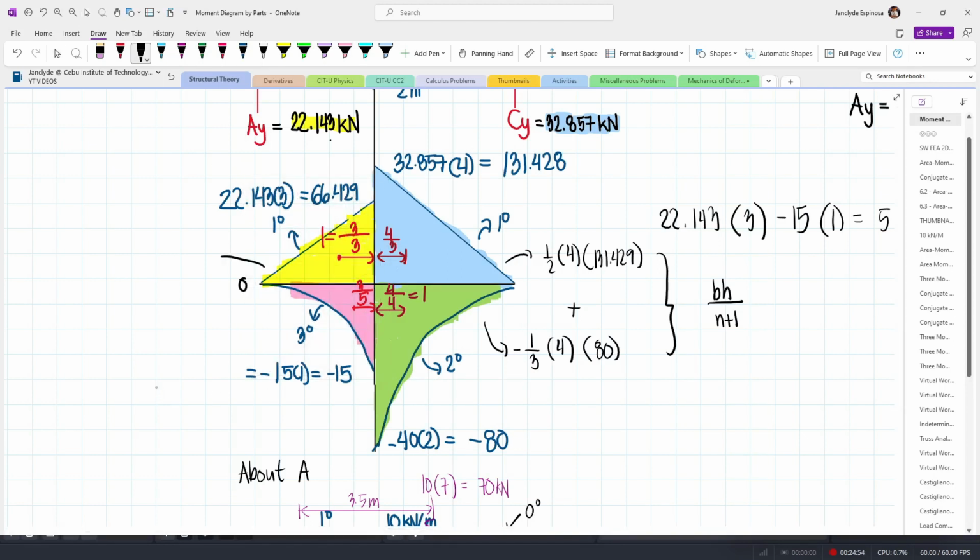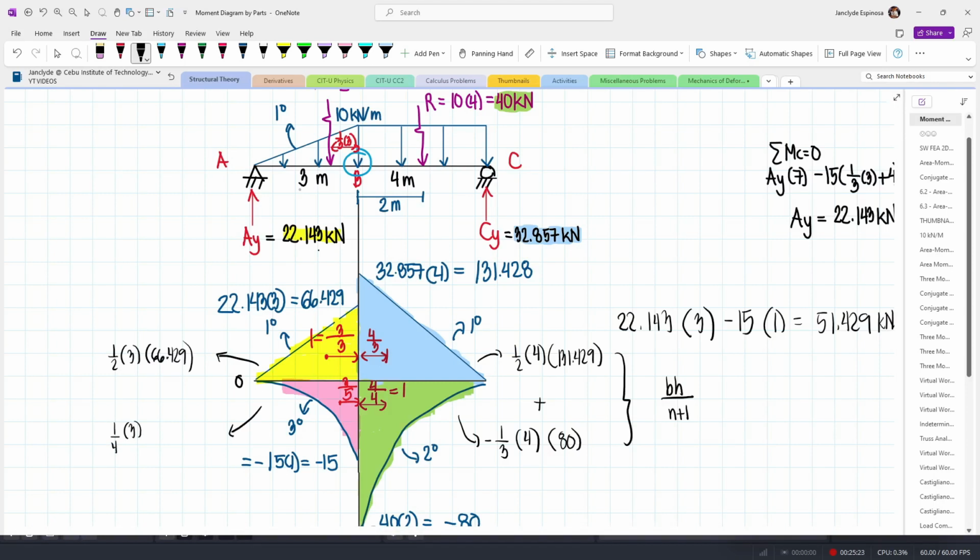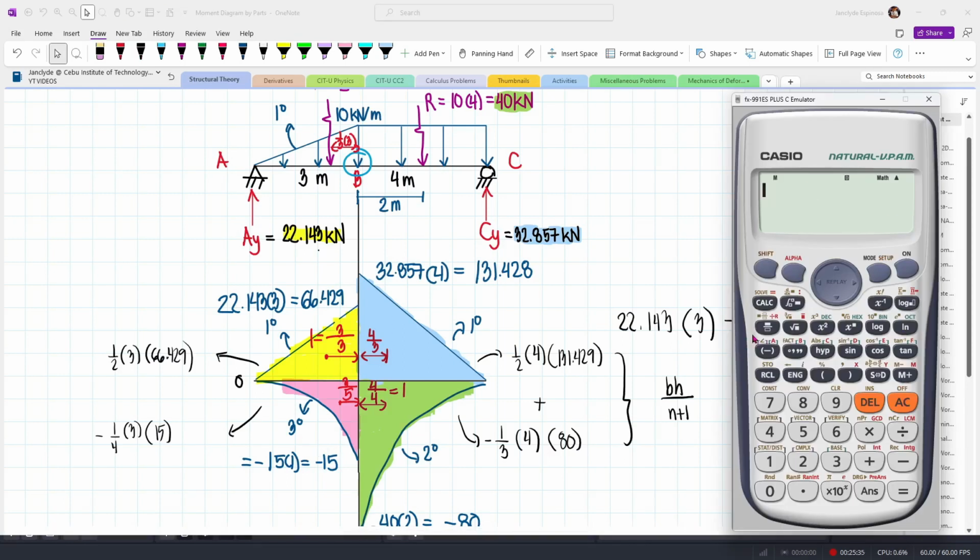And so diba, this yellow area is 1/2 times the base, which is 3 meters, times the height, which is 66.429. And then this pink area is 1/4 times the base, which is 3 meters, multiplied by the height, which is 15. But this is minus. And so 1/2 times 3 times 66.429, this amounts to 99.64.